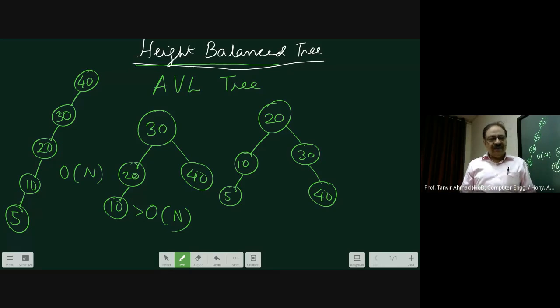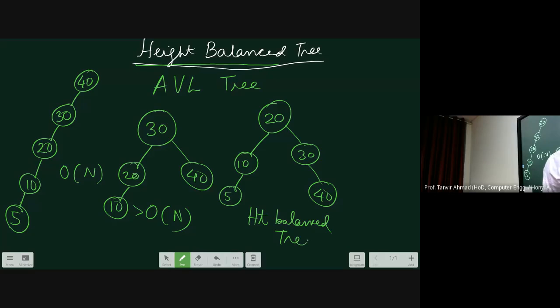Now our aim is that I should always try to make the tree height balanced. That means when I make a tree, I will make it a height balanced tree. So these are height balanced trees. Even this is a height balanced tree. This is a height balanced tree.